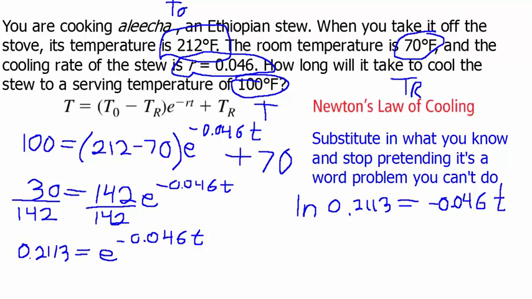So let's grab a calculator for the natural log. That gives me negative 1.555.